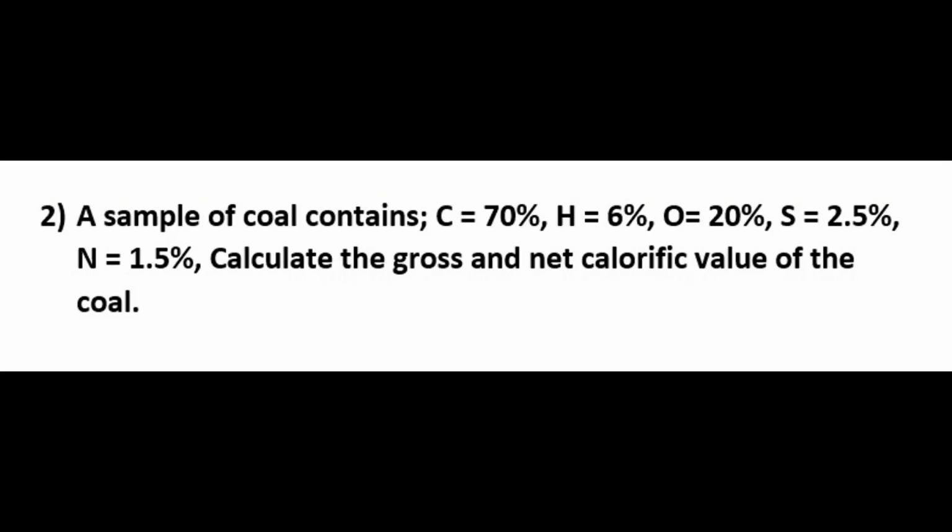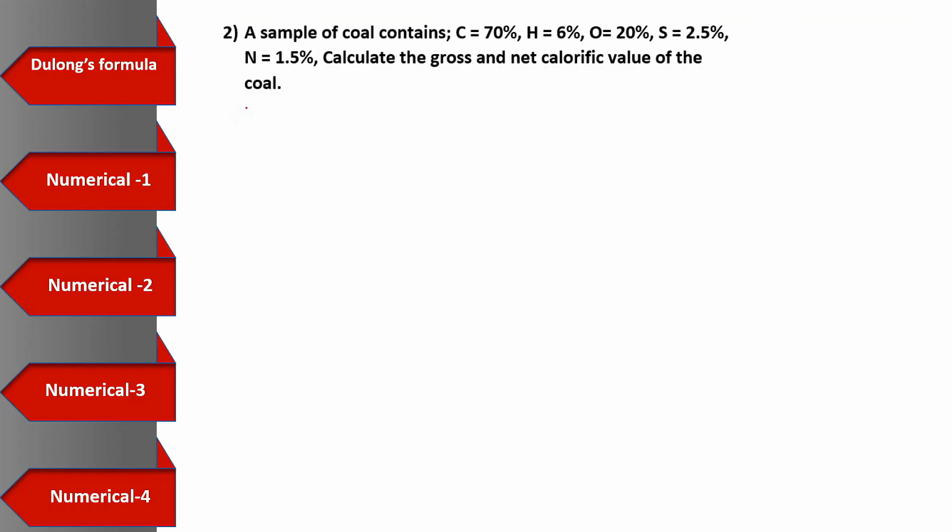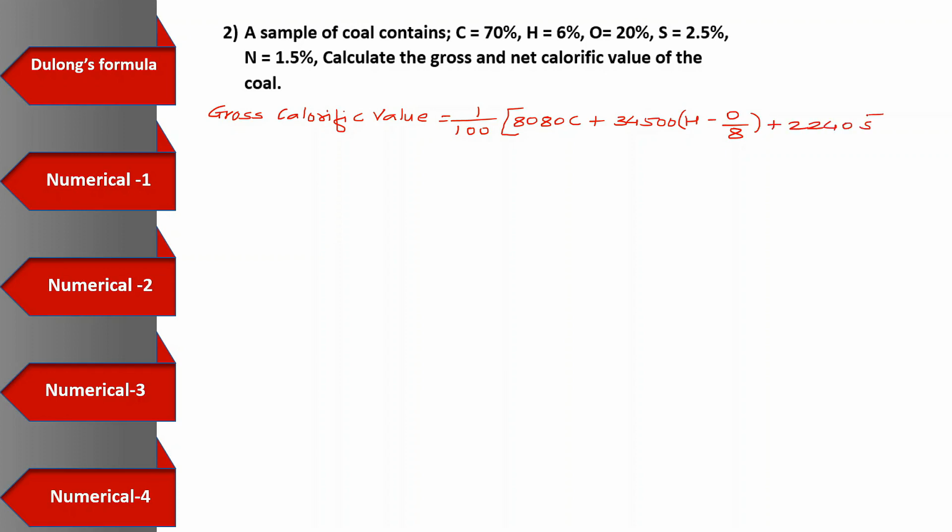In a similar way, first write down the formula for gross calorific value: 1 upon 100, 8080 C plus 34,500, which is the calorific value for hydrogen, (H minus O upon 8) plus 2240 S.